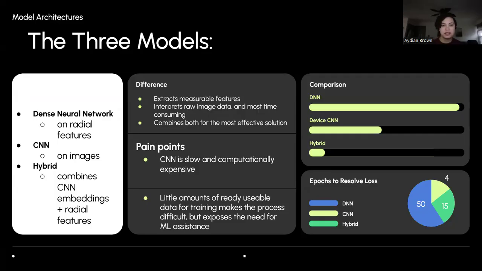The CNN operates on the full image and extracts hierarchical features using convolution layers, followed by pooling and fully connected layers. The hybrid model combines both of these. It takes the CNN embeddings with the radial features, allowing the network to leverage complementary information from both models.